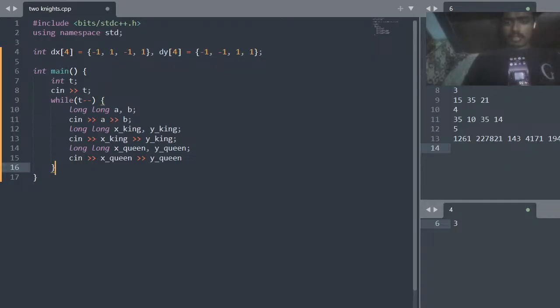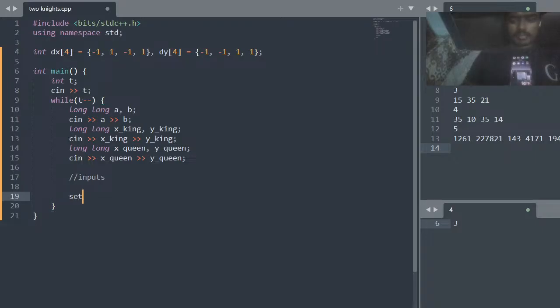So like action y queen, and now we like to imports.